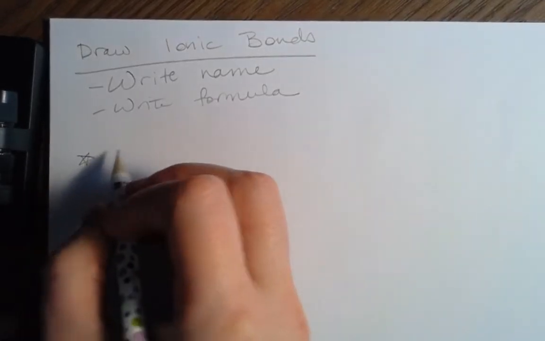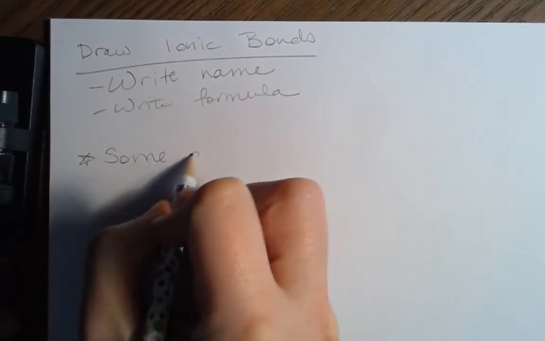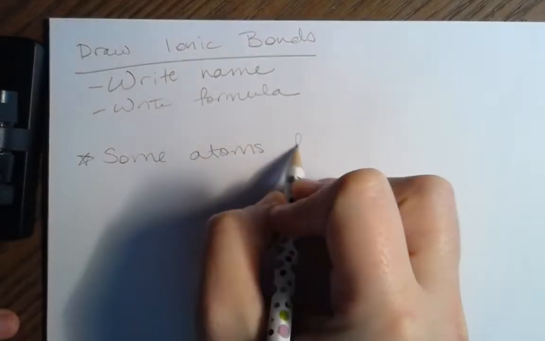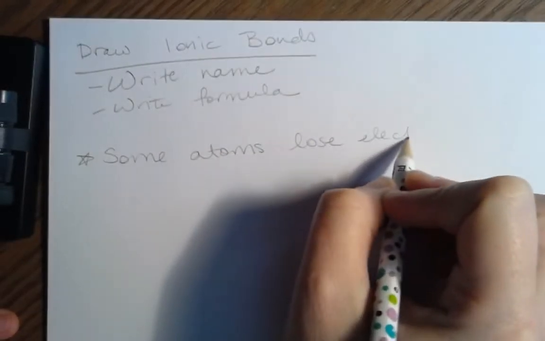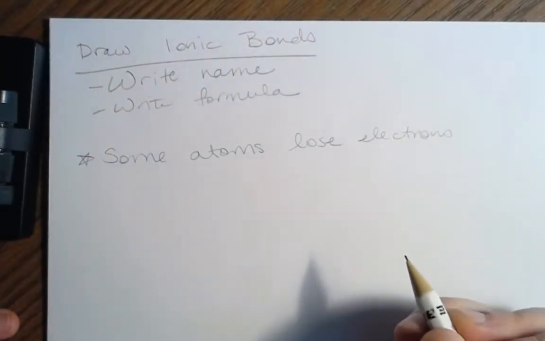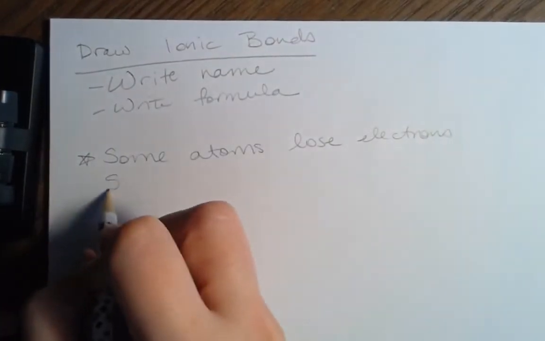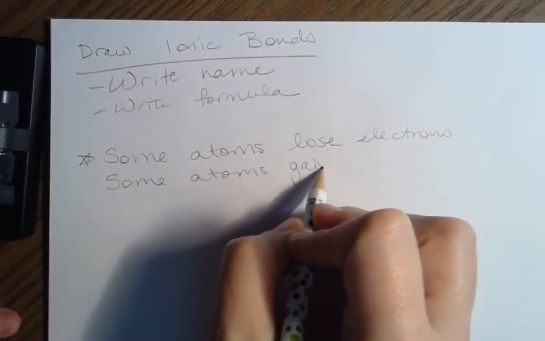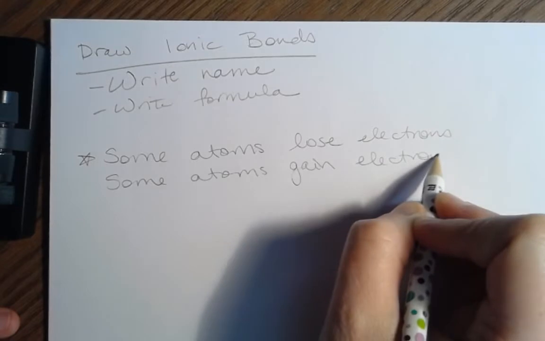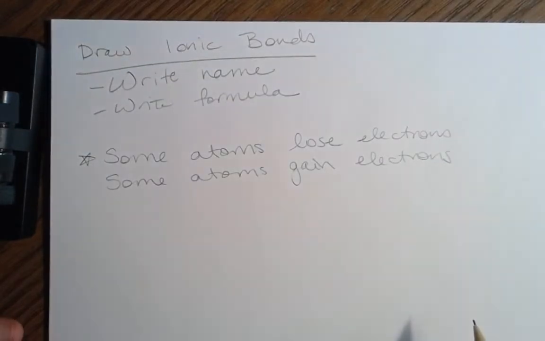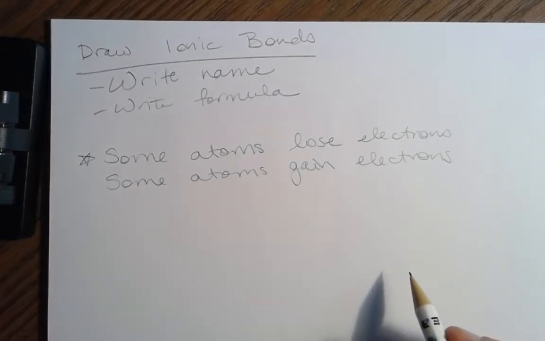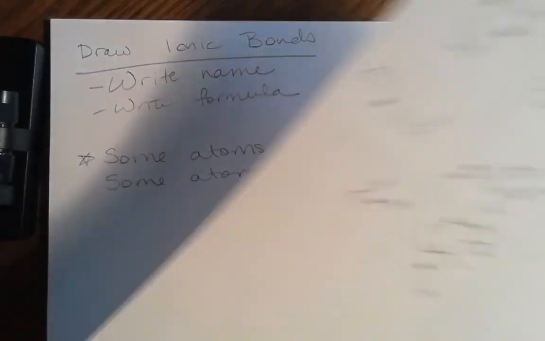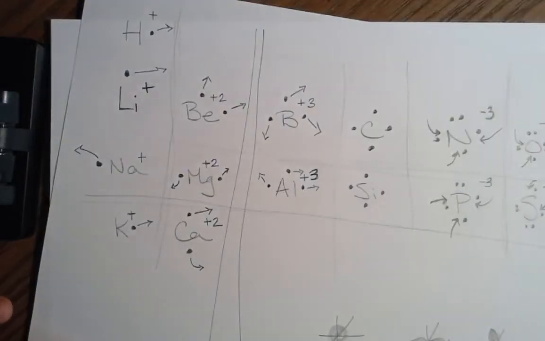Some atoms lose electrons. Some atoms gain electrons. When an atom gains or loses electrons and becomes an ion, the electrons do not simply fly to outer space.